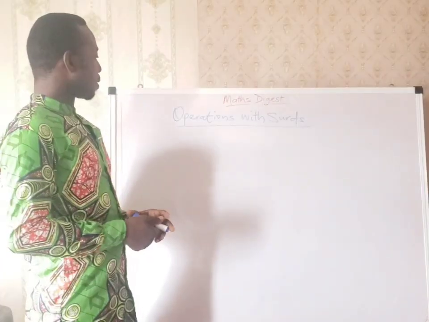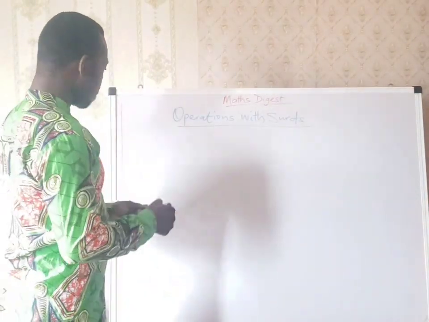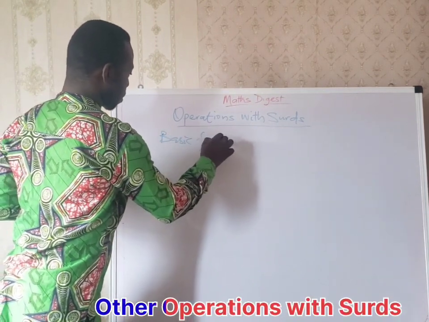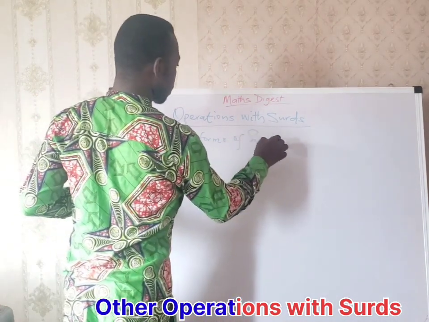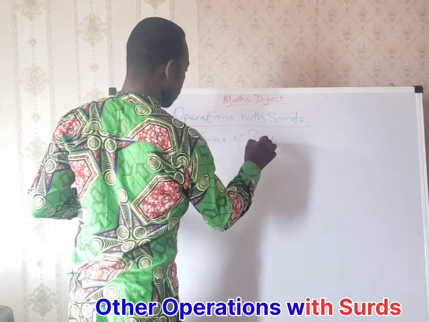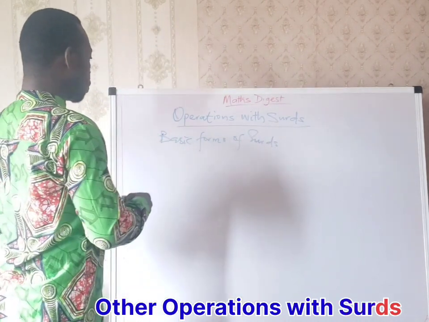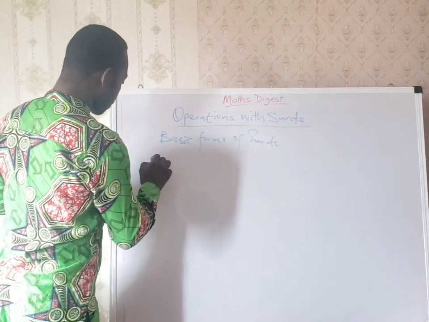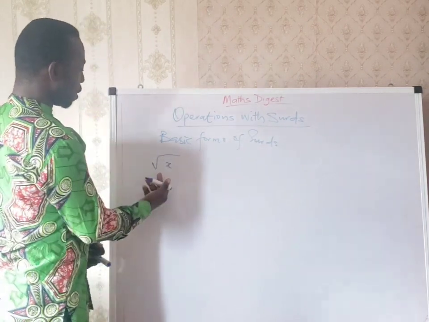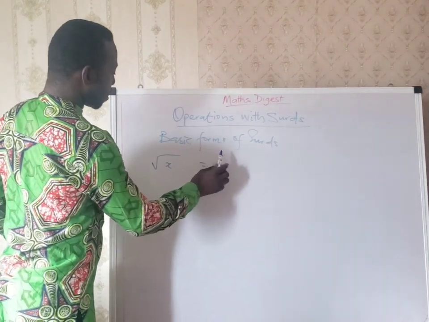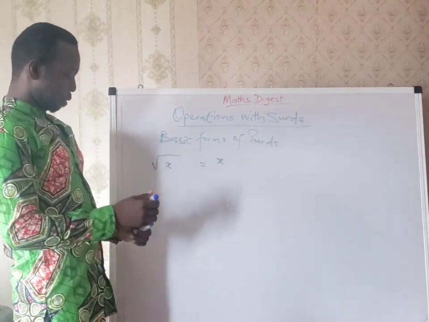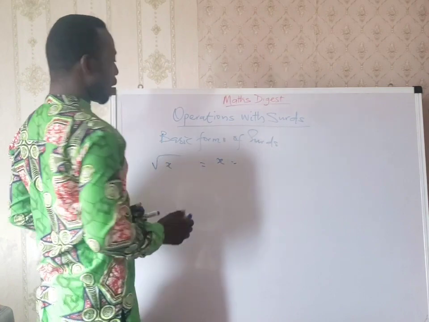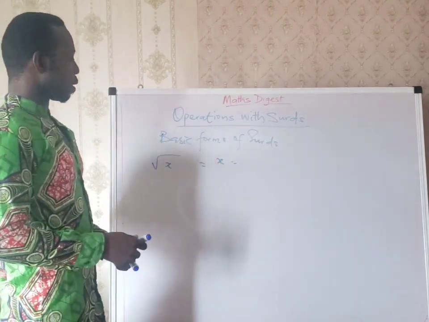Now we're going to look at what we call basic forms of surds. Surds are said to be in their basic forms if, for instance, root x, x is in its basic form if this x does not have a factor that is a perfect square.